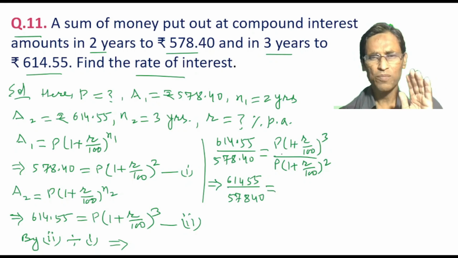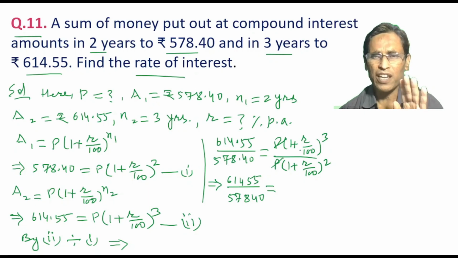And in RHS we see that numerator and denominator both have the same factor P, so P can be cancelled, and after cancellation we get (1 plus R by 100) to the power 3 and (1 plus R by 100) to the power 2.